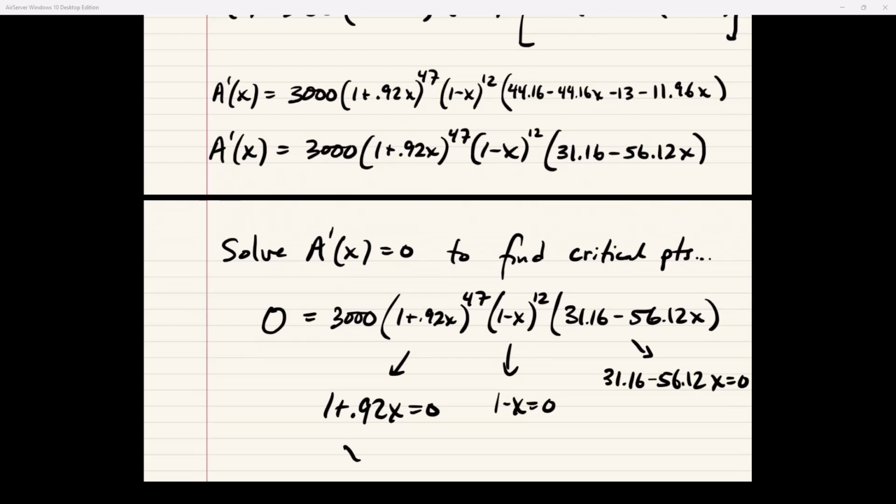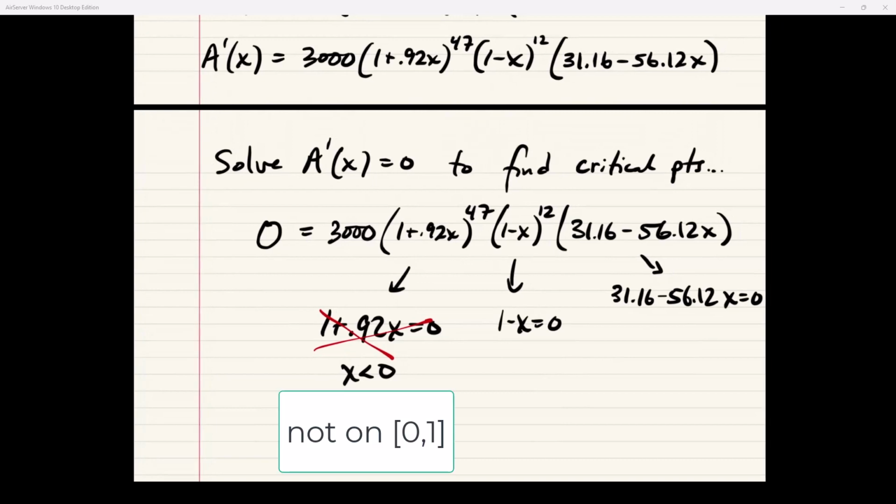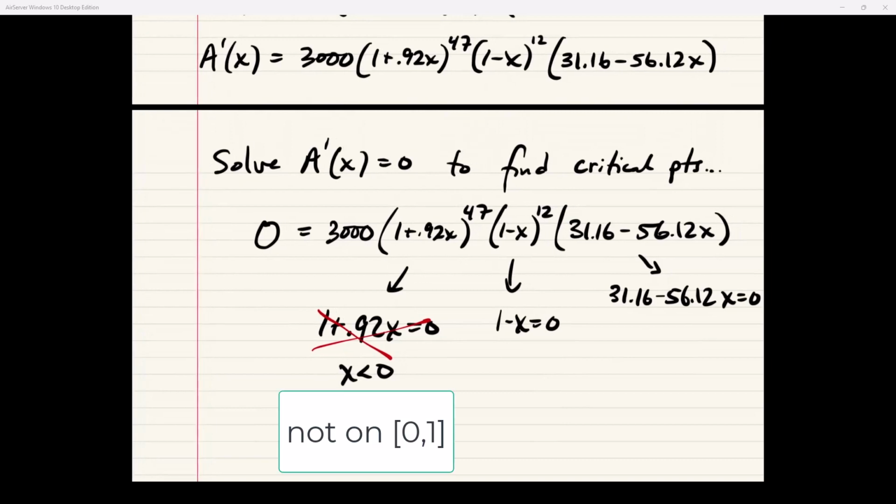Well, this would require x to be negative, so I'm going to discard that as a critical point on the interval we're interested in. We only want critical points between 0 and 1. Here, actually, we would have a critical point at the endpoint of the interval, so we can include this as a critical point or just as an endpoint when we're looking for a maximum value.